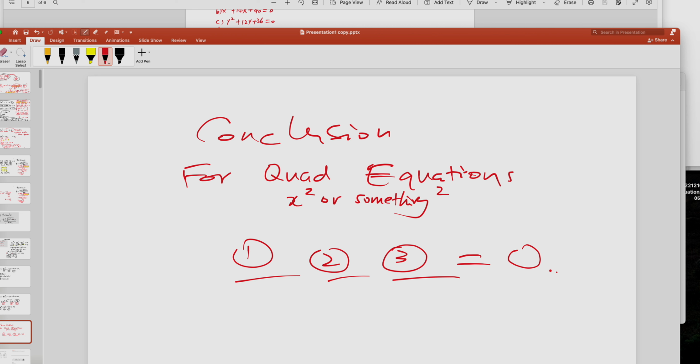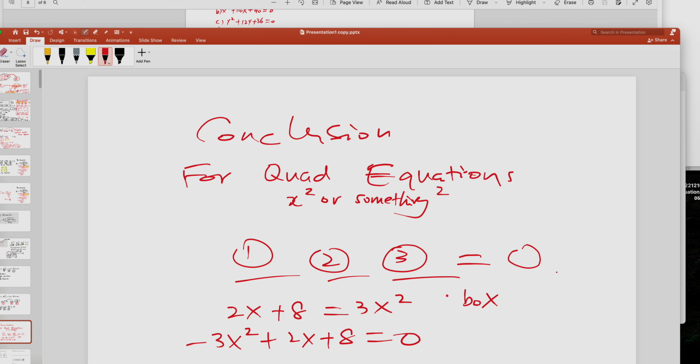So just now, if I give you 2x plus 8 equals to 3x squared, what are you going to do? Move the 3x squared over, so that you have 3 terms on the left. Correct. And when you have 3 terms on the left, you can use the box.